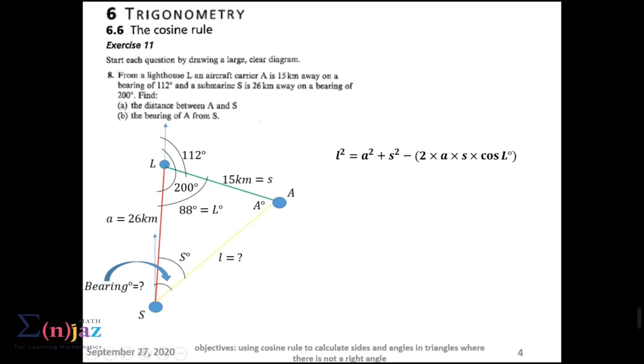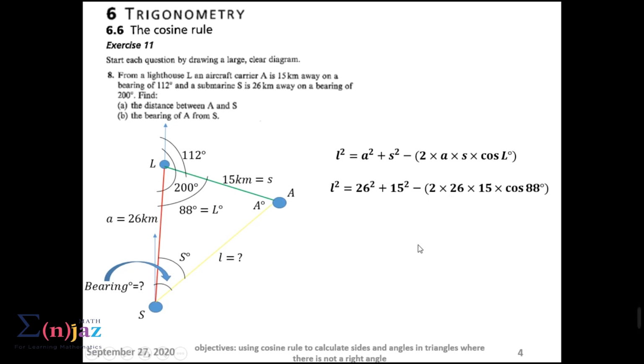Let's substitute in this rule. L squared is equal to side A, which is 26 kilometers, so 26 squared, plus side S, which is 15 kilometers, so 15 to the power of 2, minus, in brackets, 2 times side A, which is 26, times side S, which is 15, times cosine of the angle between side S and side A, which is 88 degrees.